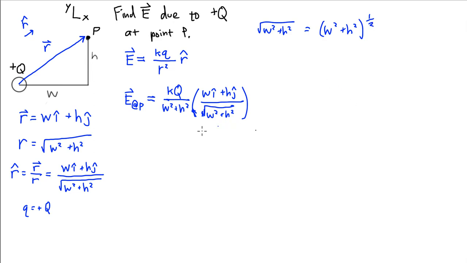So this denominator here is W squared plus H squared to the 1/2, and this is W squared plus H squared to the 1. So what I'm going to get is, in the denominator, W squared plus H squared to the 3/2 power. kQ still goes on top, and then out here I'm going to put my W i hat plus H j hat. So this is your answer for the electric field at point P.